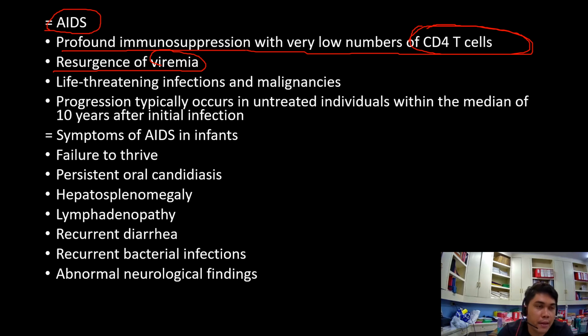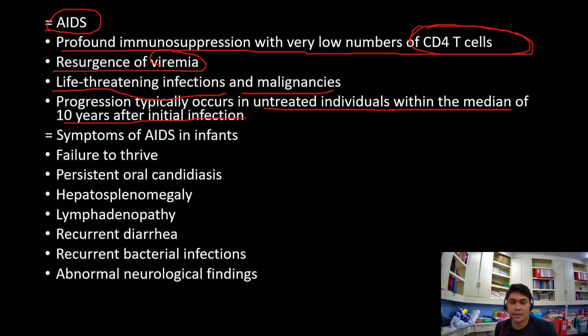Then it's also associated with life-threatening infections and malignancies. Progression typically occurs in untreated individuals within a median of 10 years after initial infection. So if the patient is untreated, then AIDS will develop earlier.